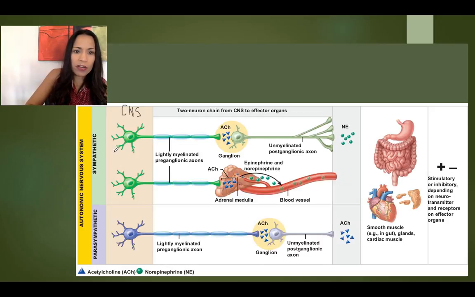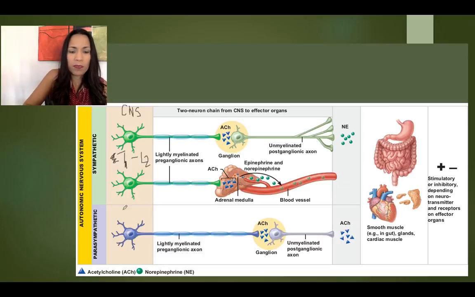In the sympathetic nervous system, remember, they are located on the spinal cord segments from T1 to L2. And this is the reason why this system is also called thoracolumbar system.